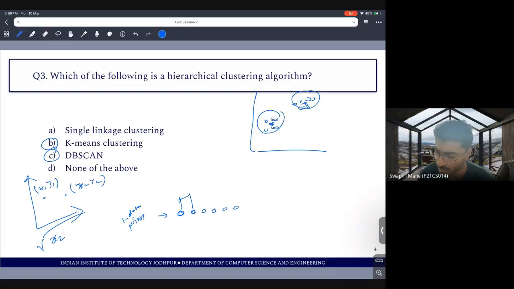If you find the distance between these two points, the Euclidean distance formula is the square root of (x2 minus x1) squared plus (y2 minus y1) squared. So this is the Euclidean distance formula.